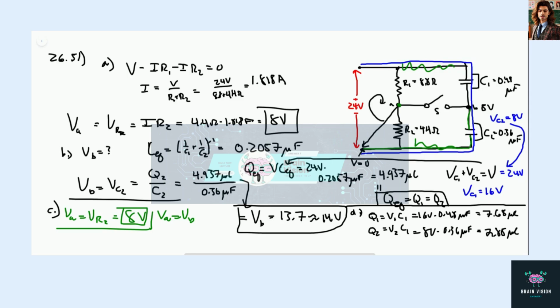The net charge on point B is the sum of the charge on the negative plate of C1 and the positive plate of C2. So Q at point B is now negative Q1 plus Q2. This becomes negative 7.68 plus 2.88 microcoulombs, which comes out to negative 4.8 microcoulombs. Awesome. That was it.